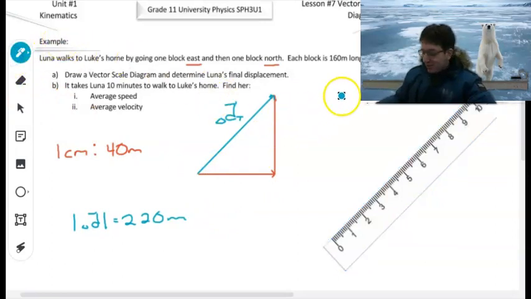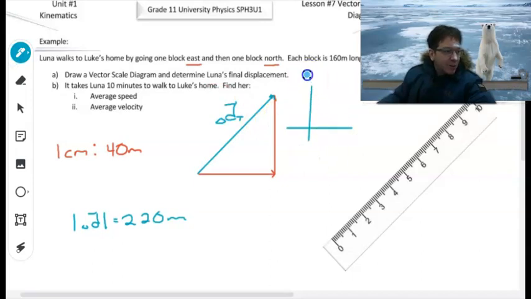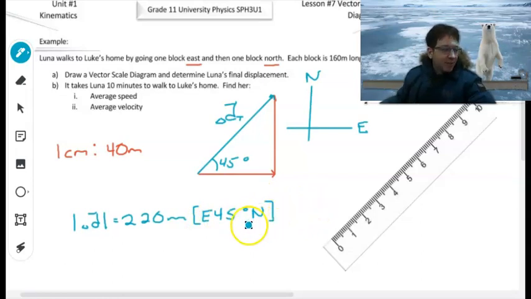Otherwise, you can just use your protractor. And if this is our coordinate system, where this is north and this is east, I can say our displacement is east 45 degrees north. Or since it's exactly 45 degrees north, I could have just said northeast. But I just want to get you into the habit of writing it like this.